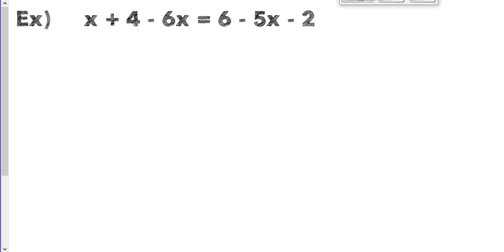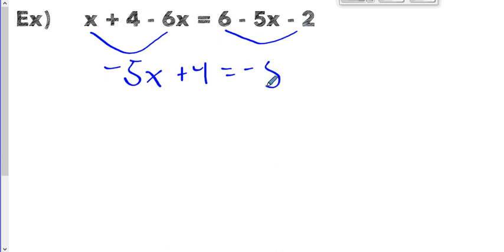All right, another example here, just a multi-step equation. If I start to put together things that are alike, I've got -5x plus 4 equals, if I put these together, I'm at -5x. 6 minus 2 is 4. So right there, the left side, -5x plus 4, matches the right side, -5x plus 4, perfectly.